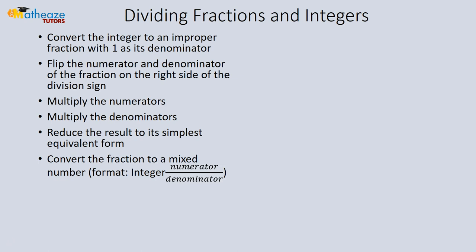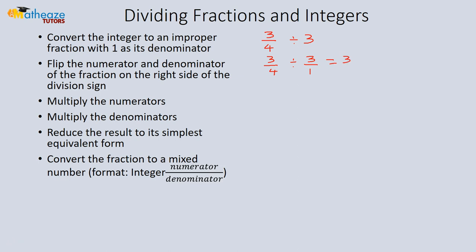A few more examples. What if we had 3 over 4 divided by 3? So what we're going to do here is 3 over 4, and then we replace 3 with an improper fraction with 1 as its denominator.